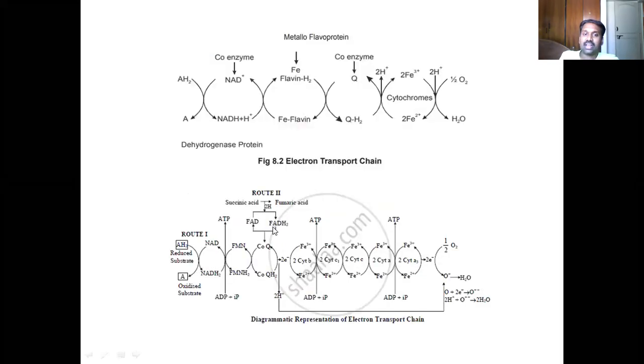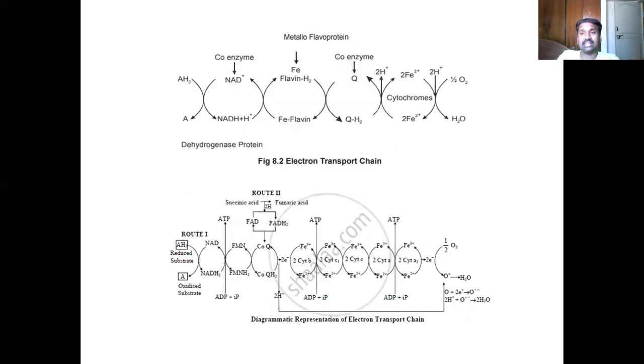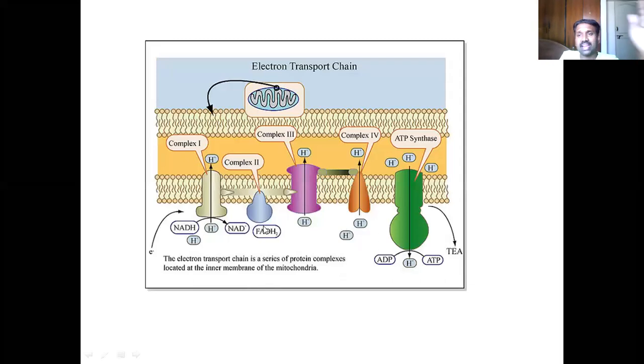The name of this complex is succinate dehydrogenase. Why is it called succinate dehydrogenase? We will understand that when we take the Krebs cycle. But just understand this much: in complex 2, FADH2 is oxidized. But the electrons from complex 2 go to complex 3 only.